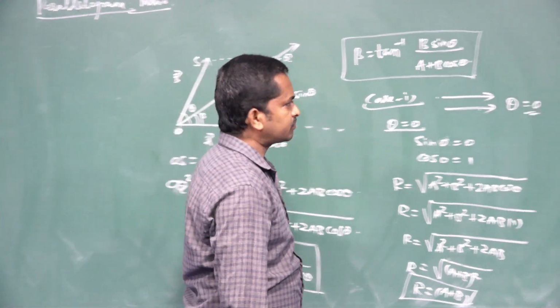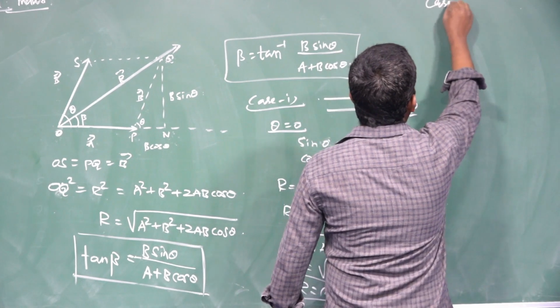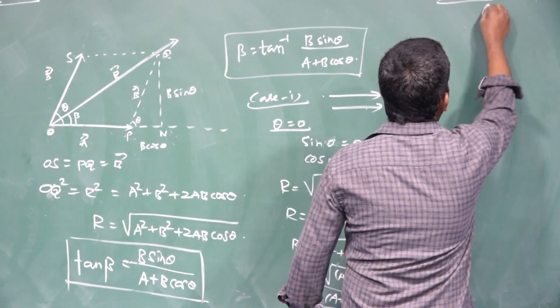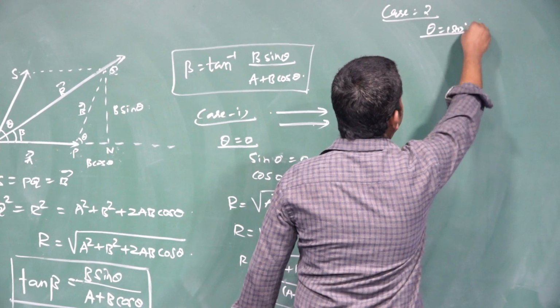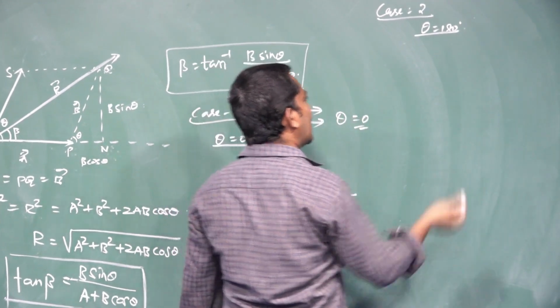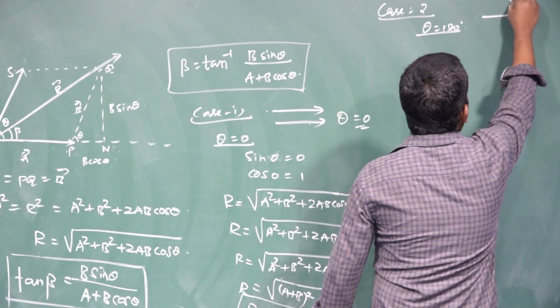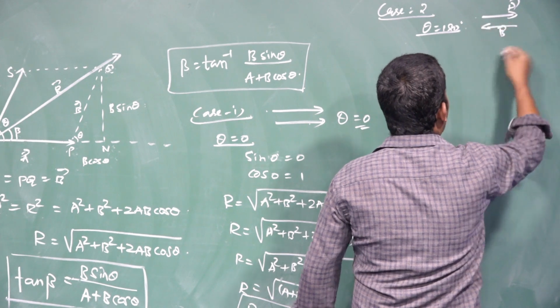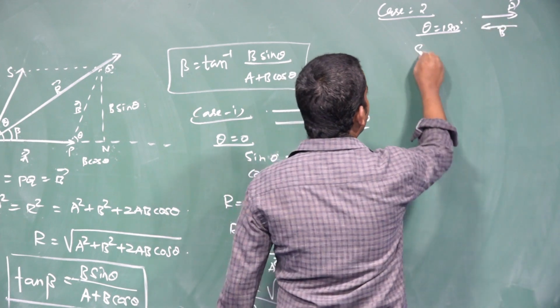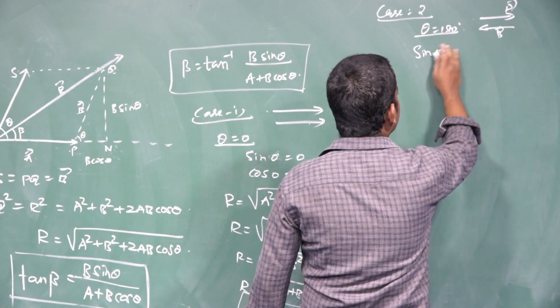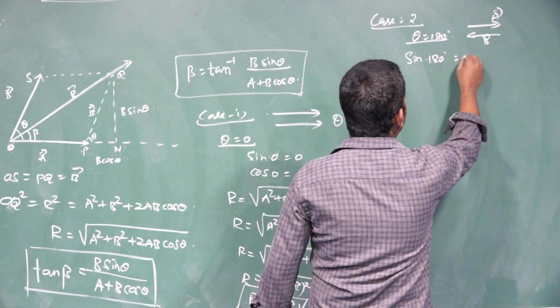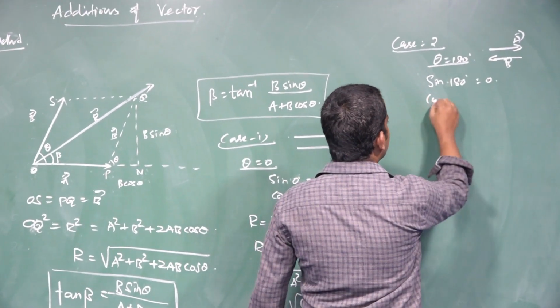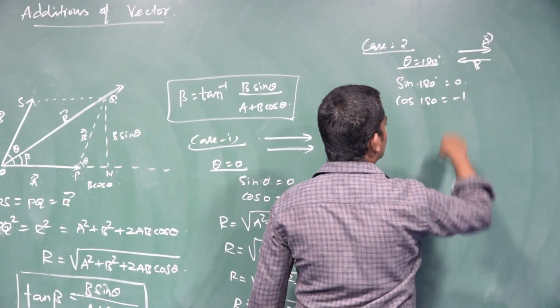And next, case 2. What happens if theta is equal to 180 degrees? 180 degrees means anti-parallel. If this is A vector, this is B vector, in opposite direction, anti-parallel. Sin 180 is equal to 0 and cos 180 is equal to minus 1.